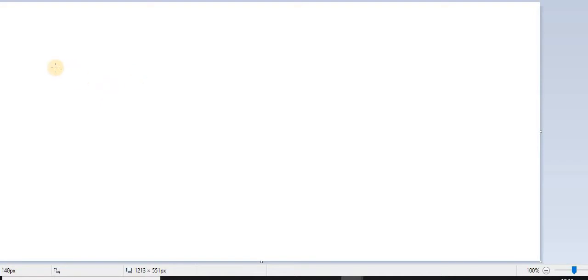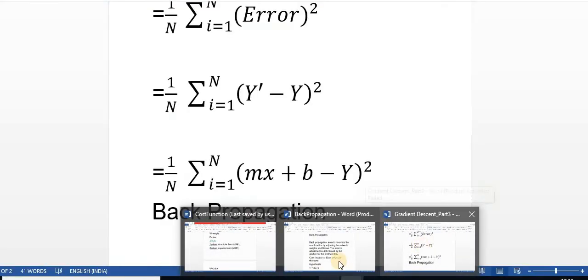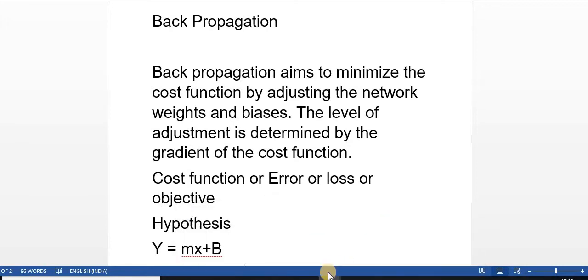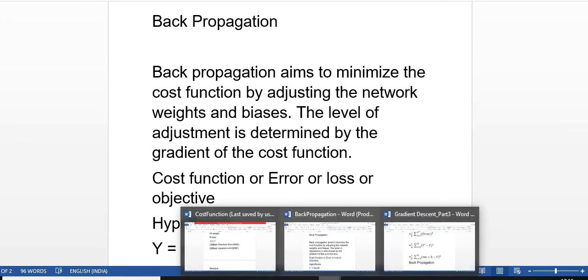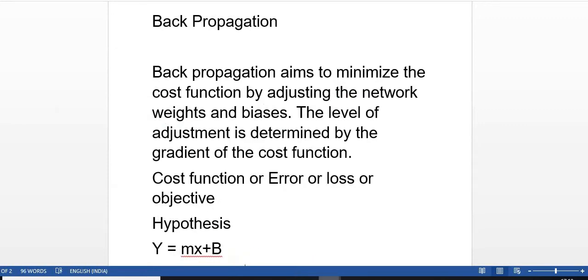Mean squared error I already discussed with you. There are two types of errors we discussed: one is the mean squared error and the other is the mean absolute error. MSE, mean squared error, I already covered.